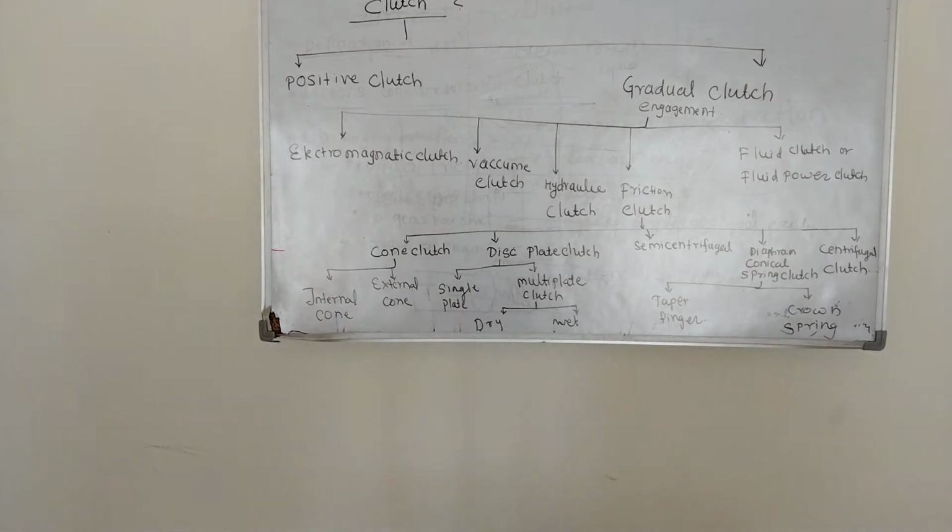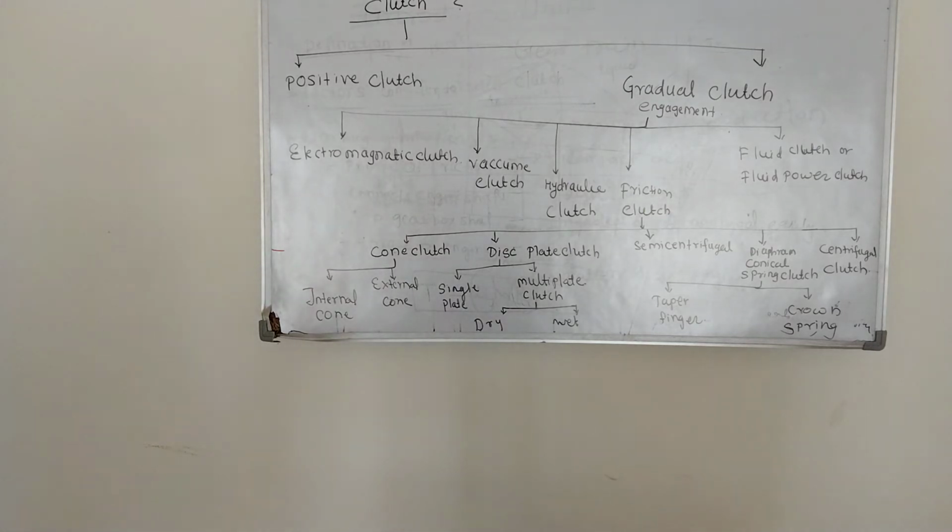Once again, there are two main types: positive clutch and gradual clutch. The gradual clutch is subdivided into electromagnetic clutch, vacuum clutch, hydraulic clutch, friction clutch, and fluid clutch or fluid power clutch. The friction clutch is subdivided into cone clutch, disc plate clutch, semi-centrifugal, diaphragm conical and centrifugal clutch.